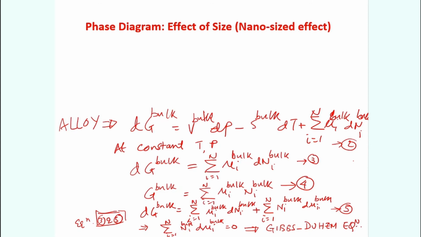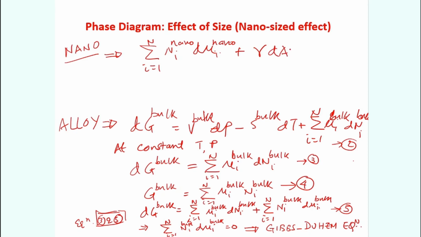Analogically, you can write down the same thing for nano: the sum over i from 1 to n of Ni nano d mu i nano plus gamma dA.